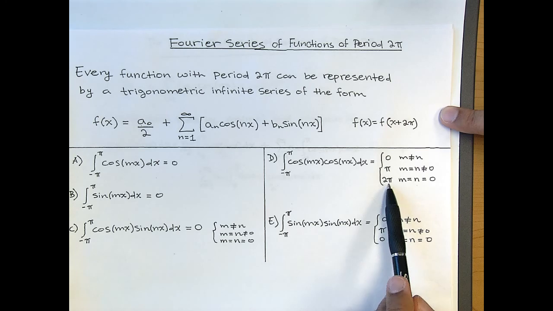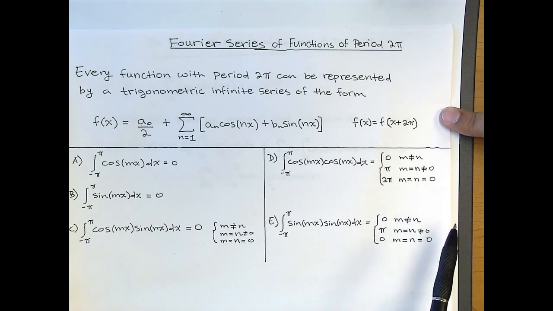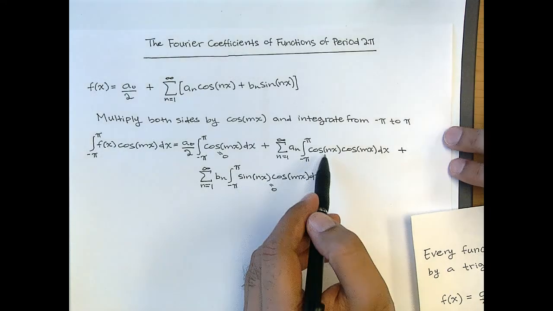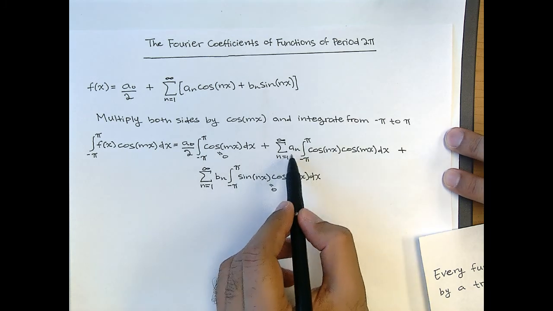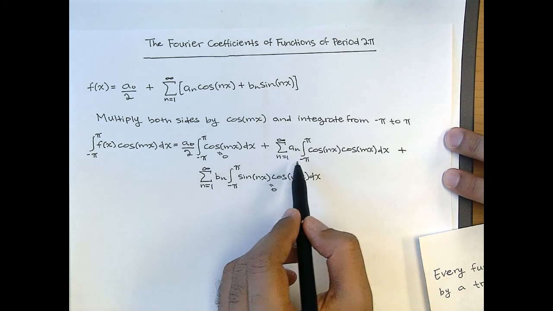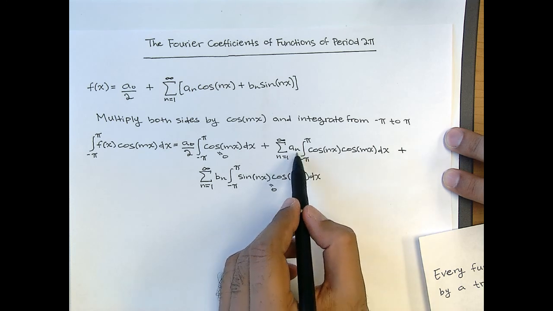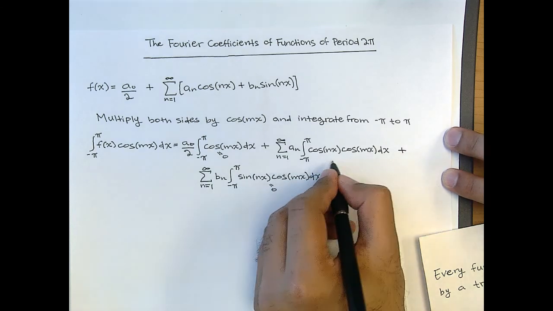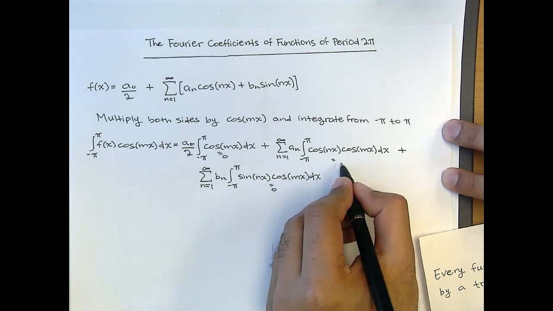So in this integral, all of the terms in the summation will go to 0 except for the term where n is equal to m. So this integral here is just equal to pi for n equals m.